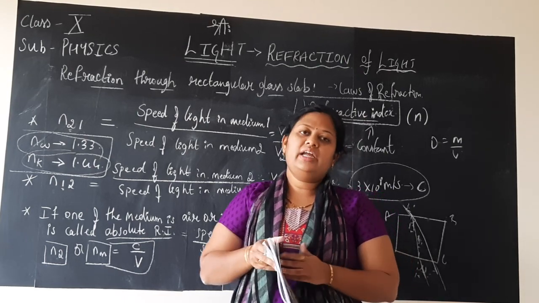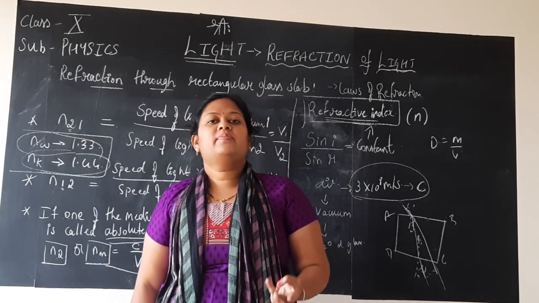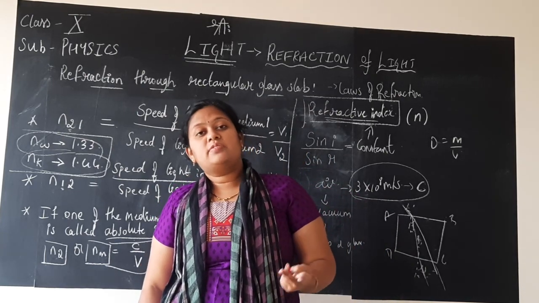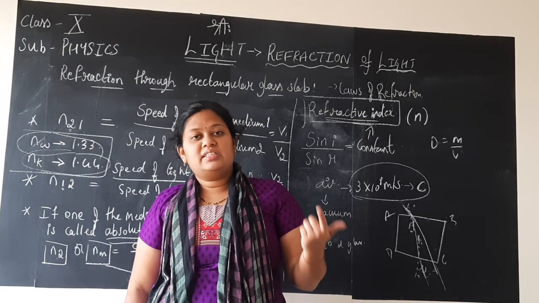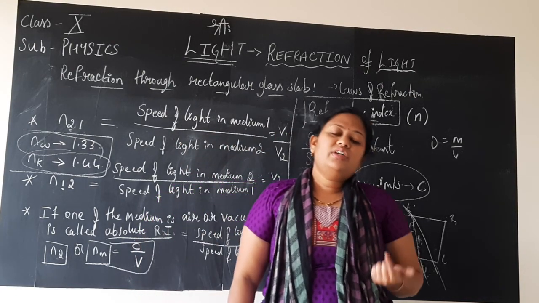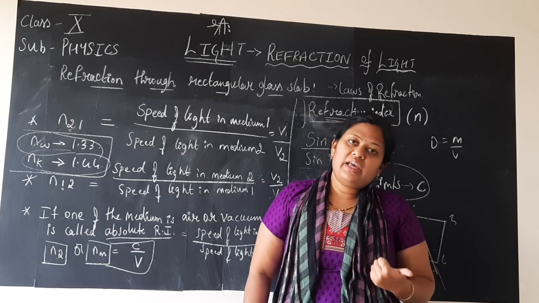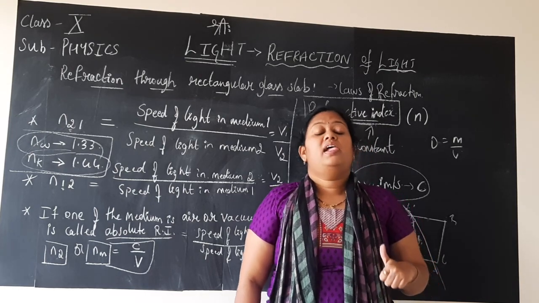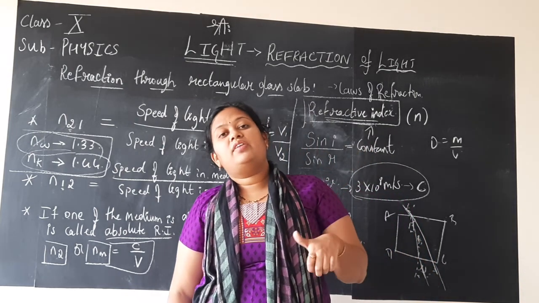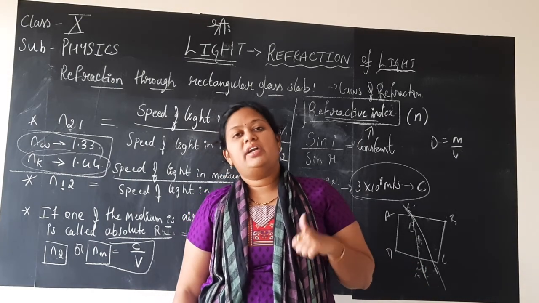So this is about the process of refraction of light. We have studied what is refraction of light, the types of medium, that is rarer and denser medium, how refraction of light takes place in the case of two media, and when the ray of light will bend towards the normal and when it will bend away from the normal.